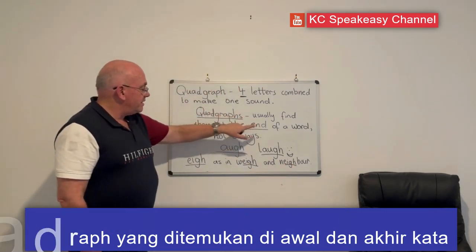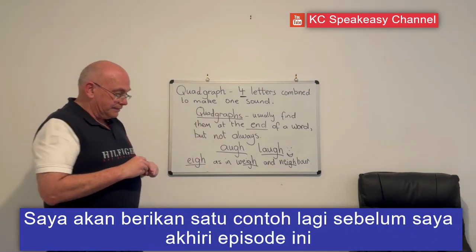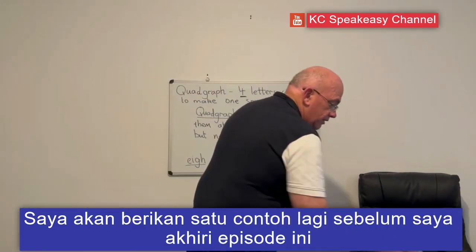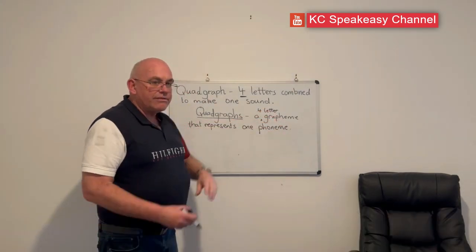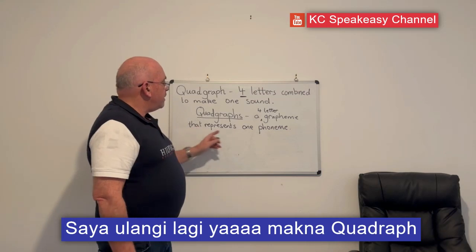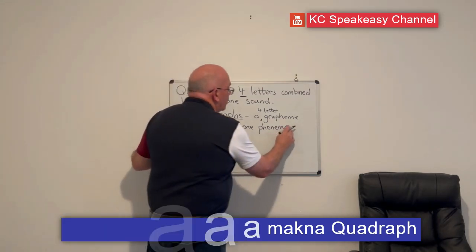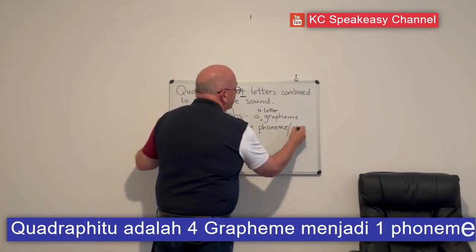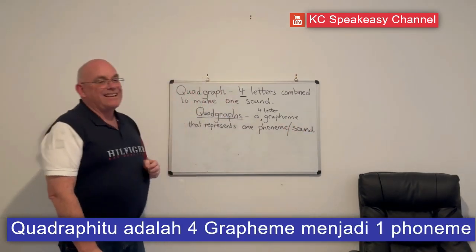So sometimes it's at the end, sometimes it's in the middle. I just want to show you one more example before we go. It's a four-letter grapheme that we write that represents just one phoneme, or we can say sound. One phoneme, one sound.